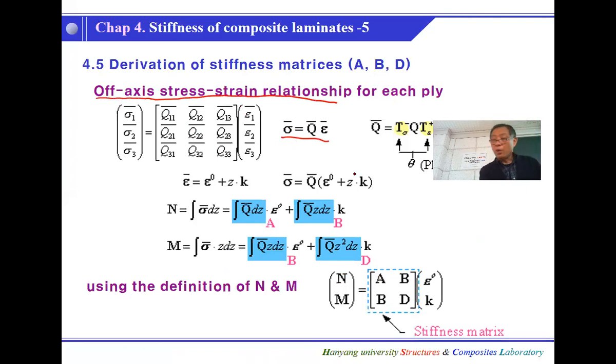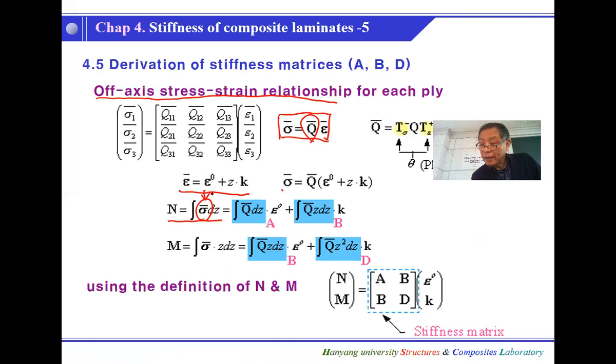We have all Q bar in each ply in Excel, each column. Now, using this equation and defining this, what is this? This is the definition of in-plane strain, and this is the sigma bar. Now, sigma bar has a relation with epsilon bar. So we put this equation into here, okay?